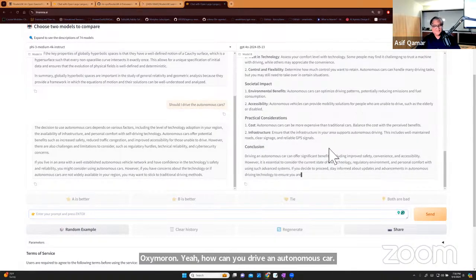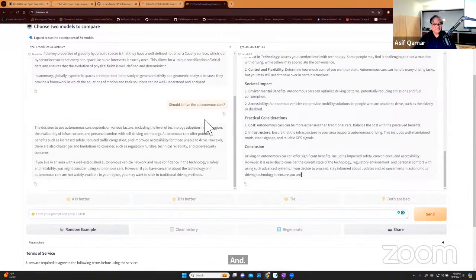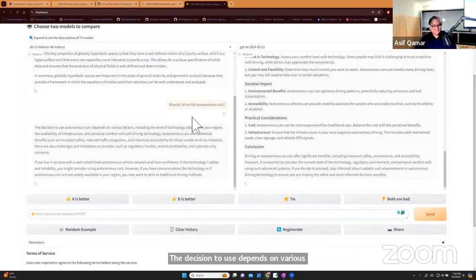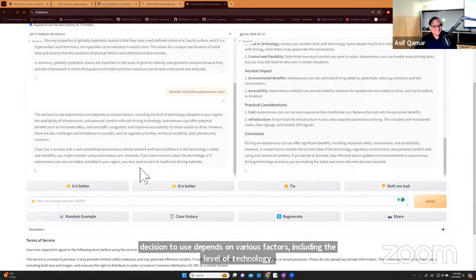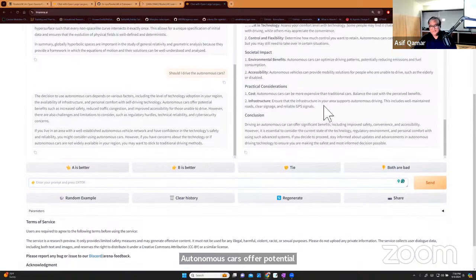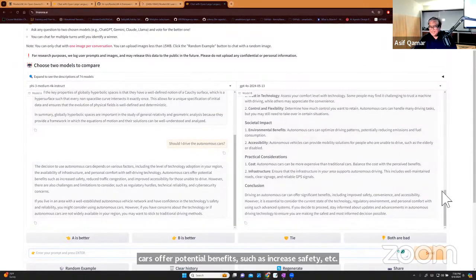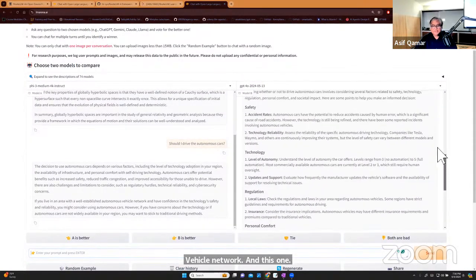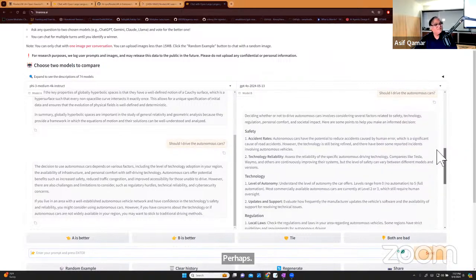And the decision to use depends on various factors, including the level of technology. Autonomous cars offer potential benefits such as increased safety, etc. And this one perhaps gives you more details than you want. Right? It's a simple question. Somebody says, I'm seeing a Tesla with full self-driving built in.